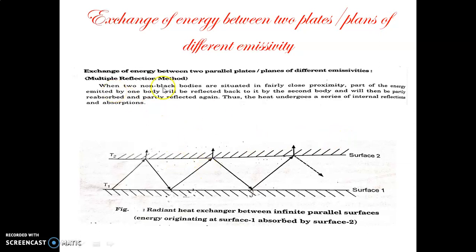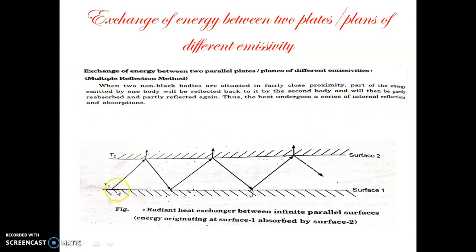These are non-black bodies, situated in fairly close proximity, meaning they are nearly close to each other. Part of the energy emitted by one body will be reflected back to the second body and will then be partly reabsorbed and partly reflected again. Thus, the heat exchange undergoes a series of internal reflection and absorption.